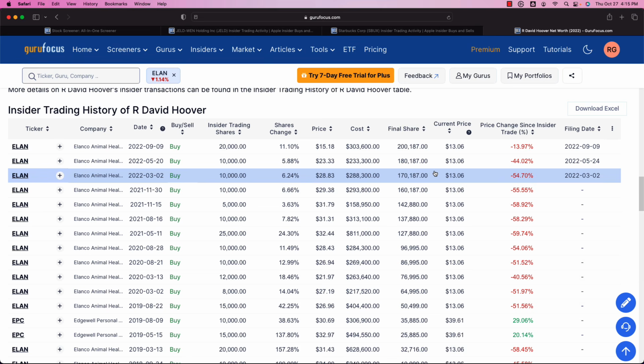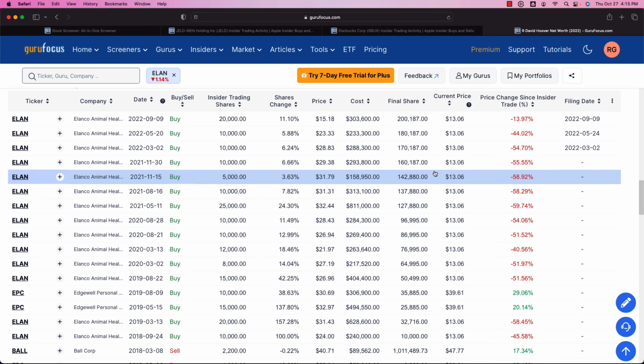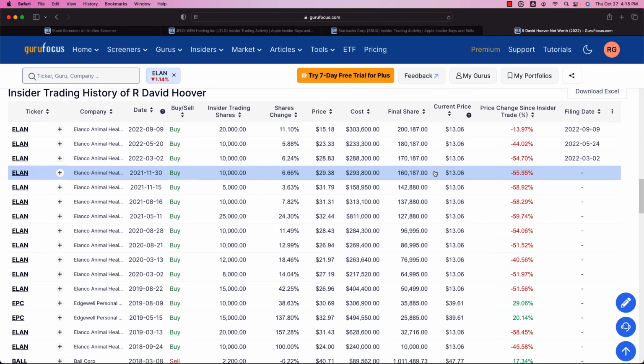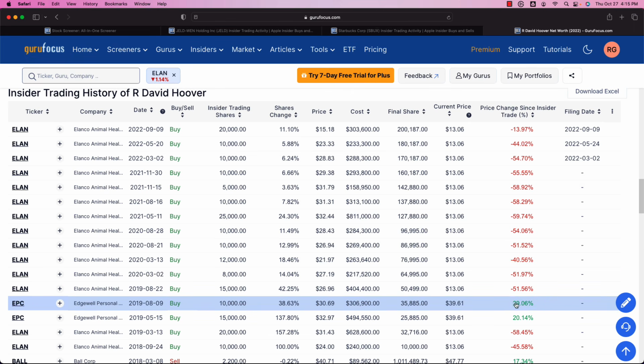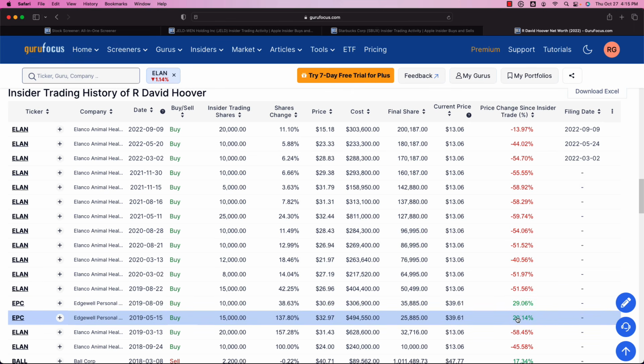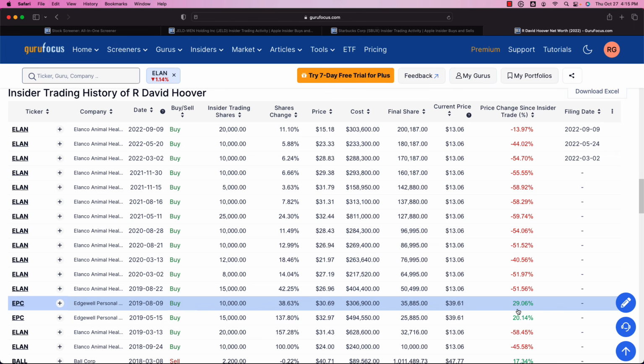It goes back to 2018. And over here on the right side, this is the price change since the insider bought. So it's where the stock is up or down from when he bought it. And you see here's trades in EPC are up 20, 30%-ish over the last 3 years, which is just not great anyway.